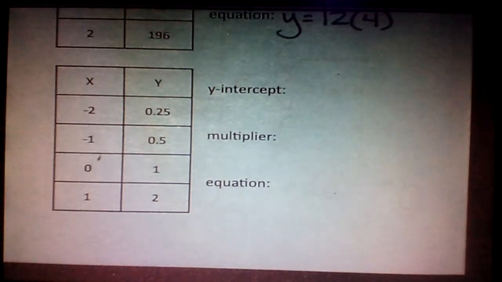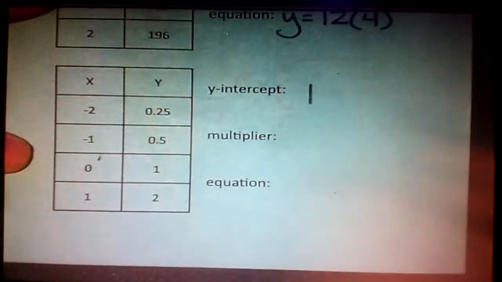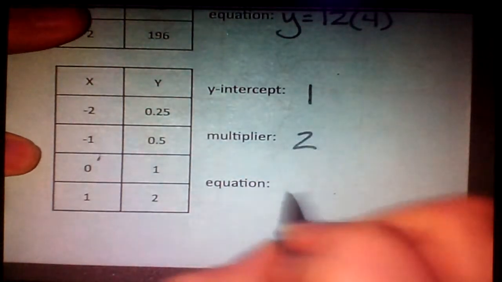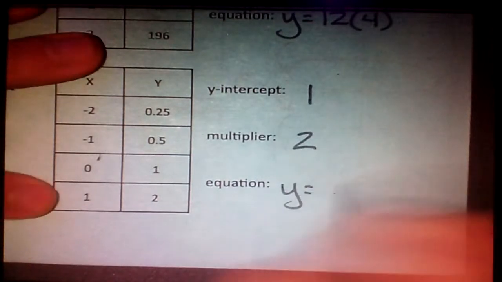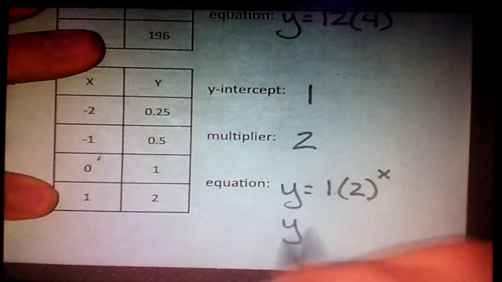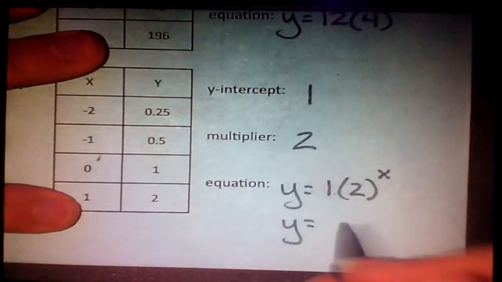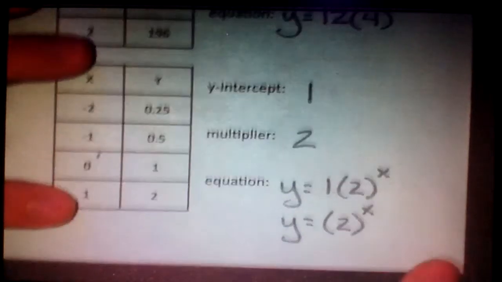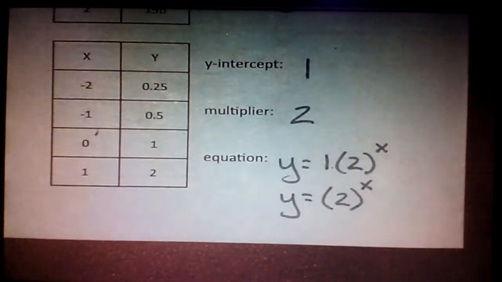What's my y-intercept? What's my multiplier? So my equation? I get messed up on my part when it's decimals and stuff. Okay. So both of these equations that I wrote are exactly the same.